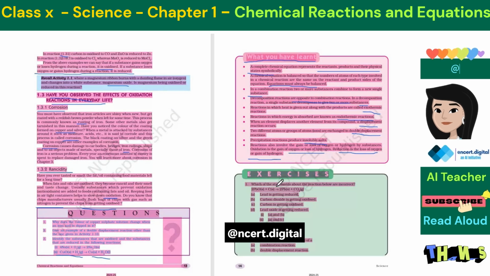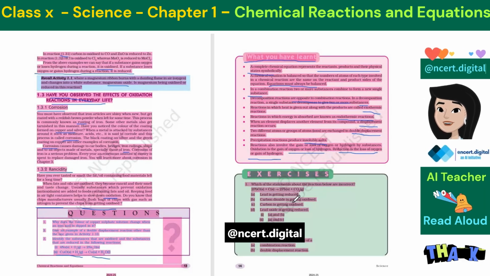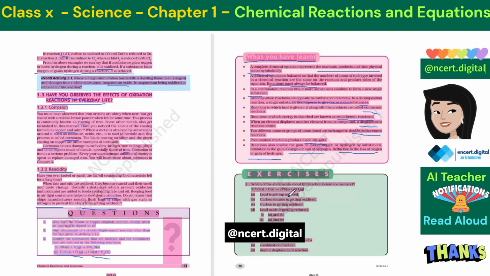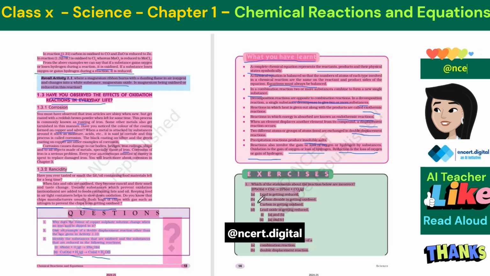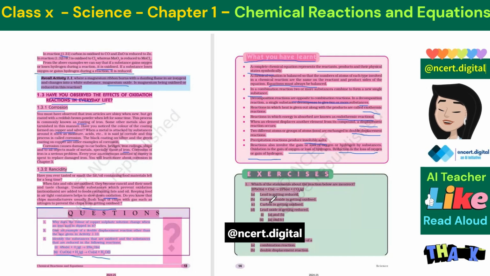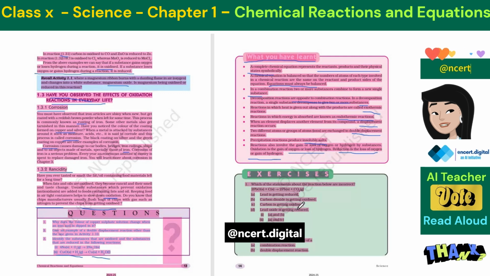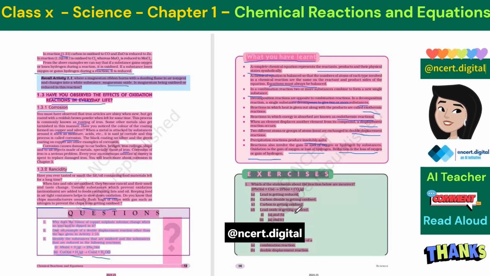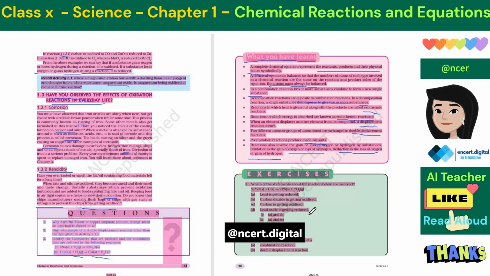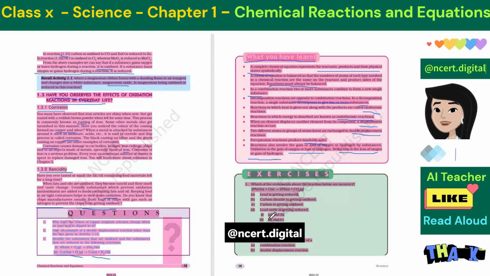Exercises. 1. Which of the statements about the reaction below are incorrect? 2PbO(s) + C(s) → 2Pb(s) + CO2(g). A. Lead is getting reduced. B. Carbon dioxide is getting oxidized. C. Carbon is getting oxidized. D. Lead oxide is getting reduced.